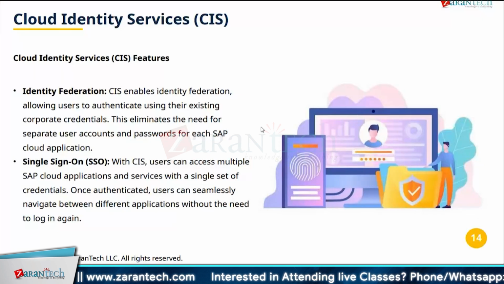But as soon as he logs in, if he wants to go to CIS, or to a business application, say Ariba, how will a system know that this particular user who is logged in with some user ID in BTP might have a different user ID as per how Ariba sets it up?